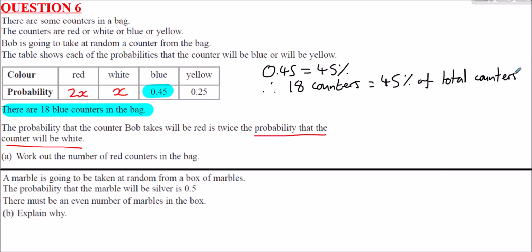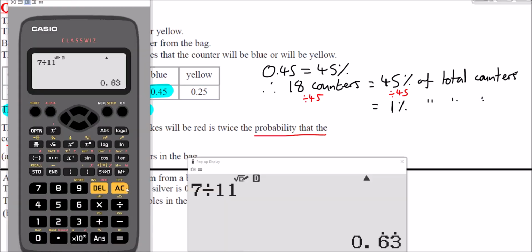Next, we can work out what 100% is. So I can go from 45% to 1% by dividing by 45. And I need to divide this side by 45 as well. So 18 divided by 45 gives me 2/5, which is 0.4.